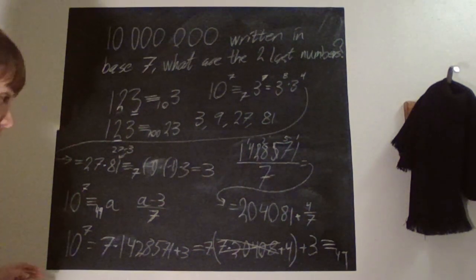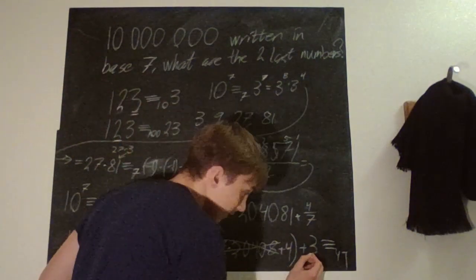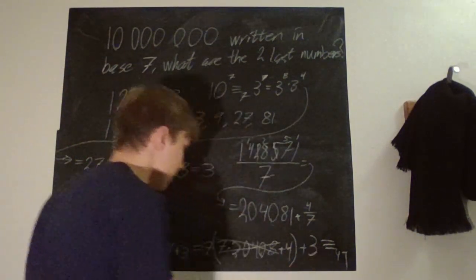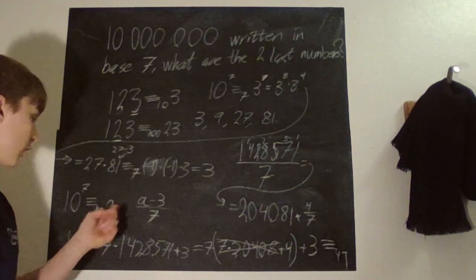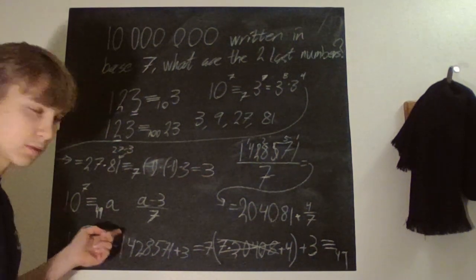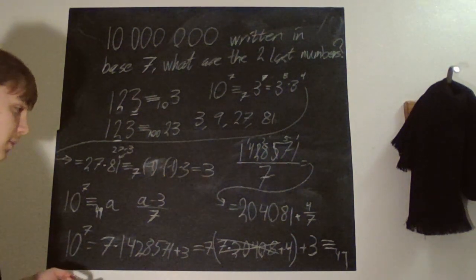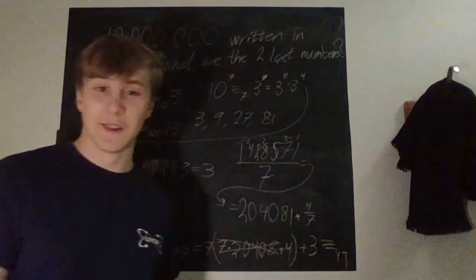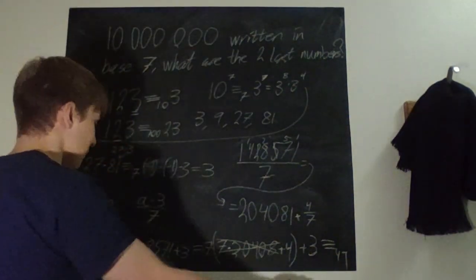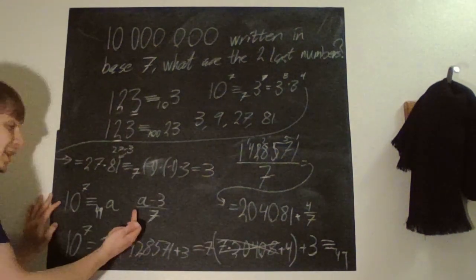And that is our A. But no, what am I saying? Sorry, 31. We get a 31. I'm dumb. Alright, so we get a 31, and that's our A here.